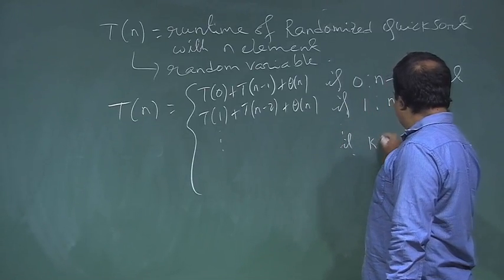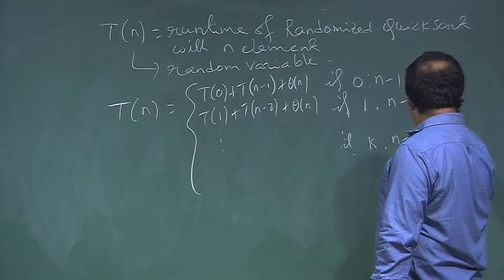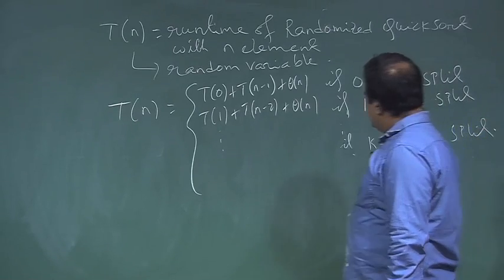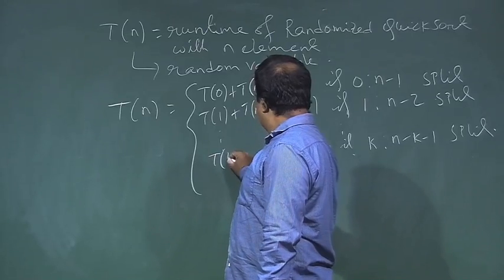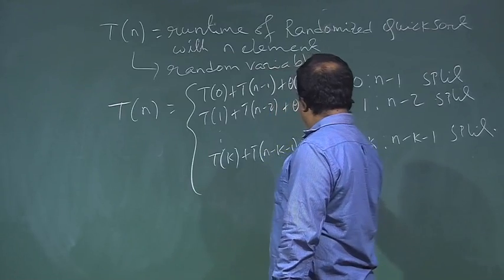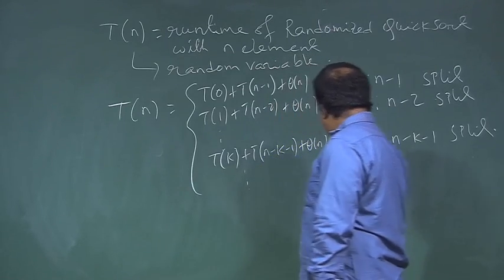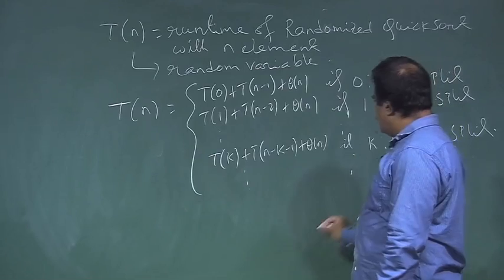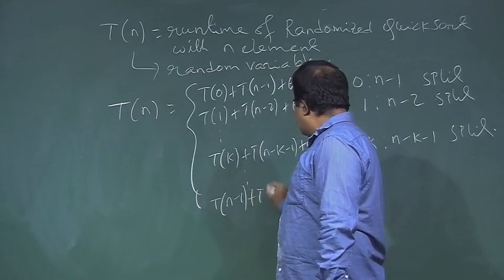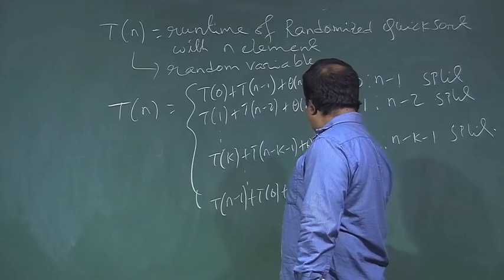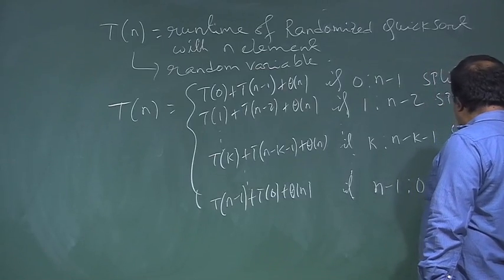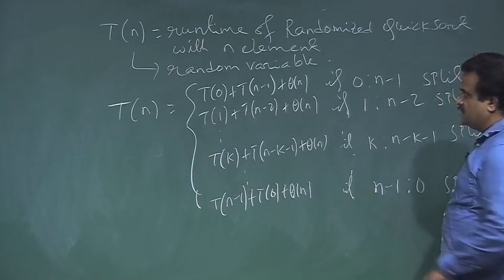If the split is k to n minus k minus 1, then it is T(k) plus T(n minus k minus 1) plus theta of n, and so on, up to T(n minus 1) plus T(0) plus theta of n, if the split is n minus 1 to 0. So T(n) is in this functional form.